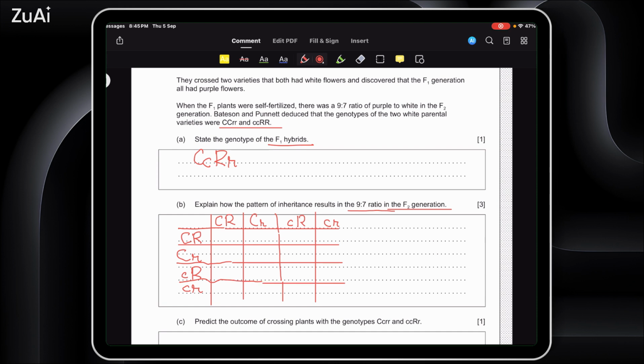So we have capital C, capital C, capital R, capital R, capital C, capital R, small c, capital C, R, then capital C, small c, capital R, small r.